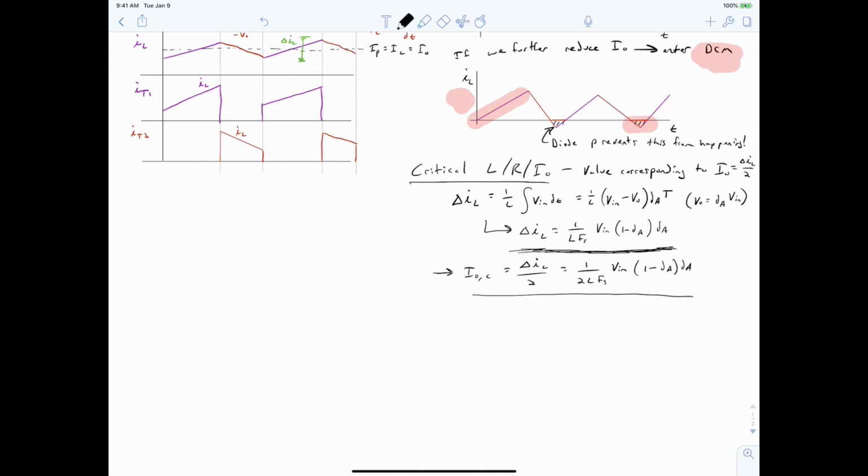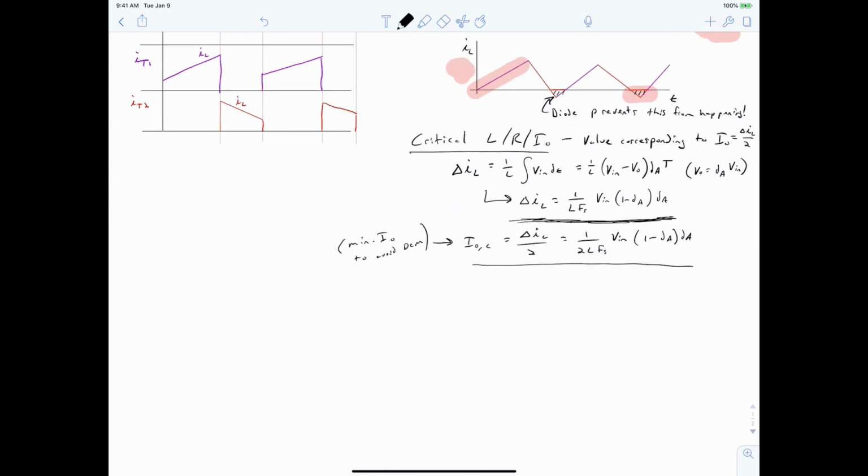If our output current drops below this point, we enter the discontinuous conduction mode. If our average output current is above this point, we are always in the continuous conduction mode. So we can say that this is the minimum Iout to avoid DCM.